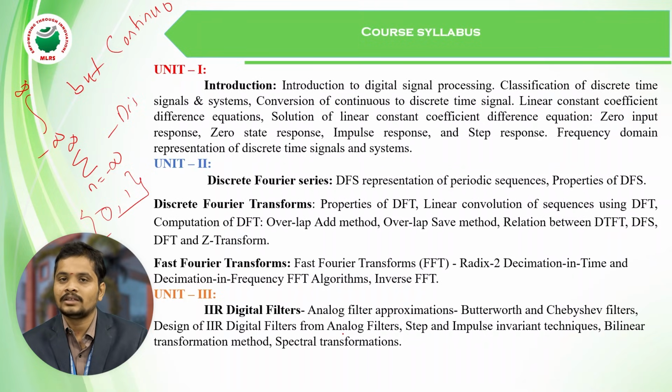We have different approximations derived by different scientists, Butterworth and Chebyshev filters, and the design of IIR filters from analog filters, the impulse invariant and step invariant techniques, the bilinear transformation method, and spectral transformations. This is unit 3.